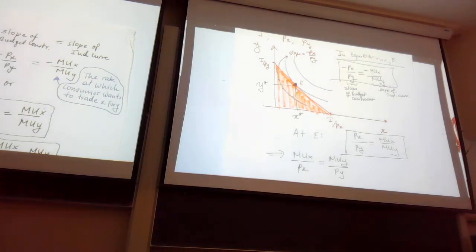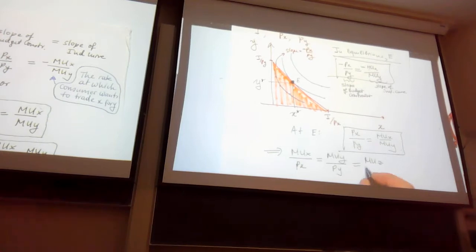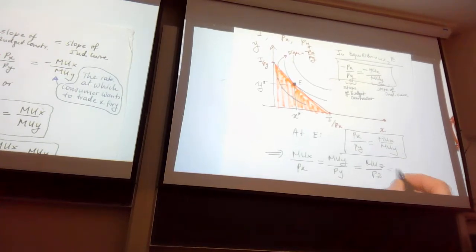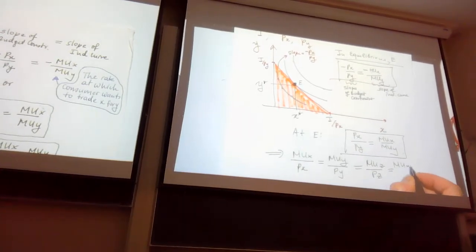All goods markets. So I can keep going here. If you had a good Z, and a marginal utility of good W over price of good W, etc. That really says you are maximizing utility. You're reaching the highest possible indifference curve you can, if you spread your income, purchasing goods in a way that marginal utility per dollar spent across all goods is the same. All right.